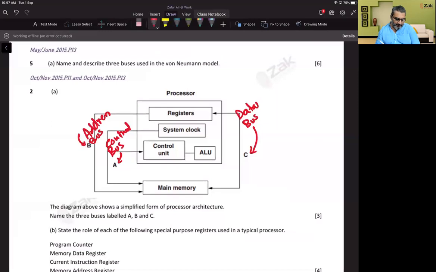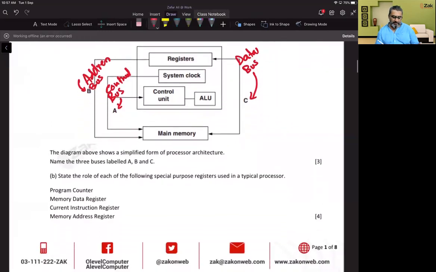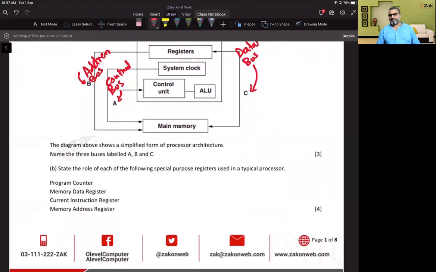Now state the role of each of the following special purpose registers used in a typical processor. So program counter stores the address of the next instruction to be executed. Memory data register stores the data in transit between memory and registers.